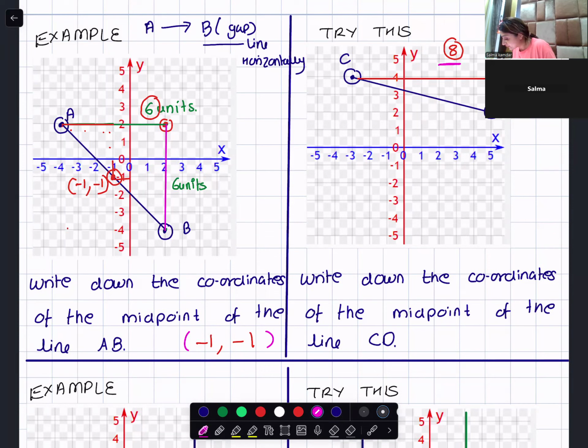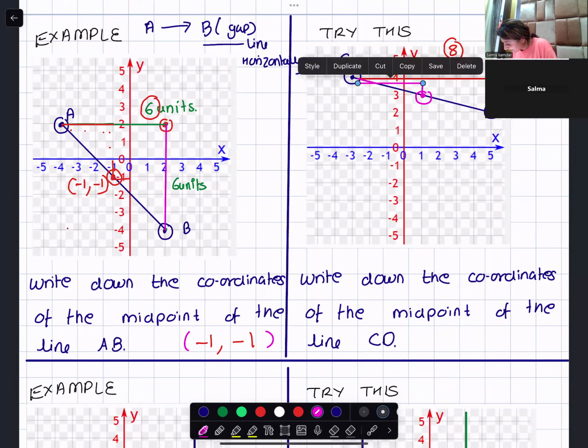Now for the midpoint. Half of 8 would be 4. So it would be 1, 2, 3, and 4. Half of 2, the vertical, is 1. So it will be 1. So this is the midpoint.